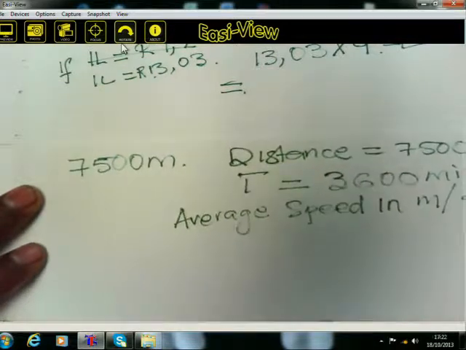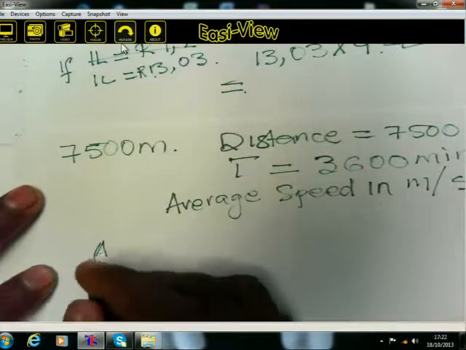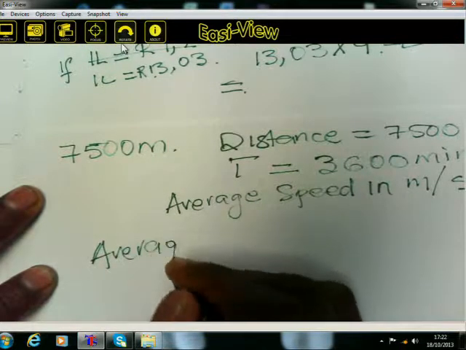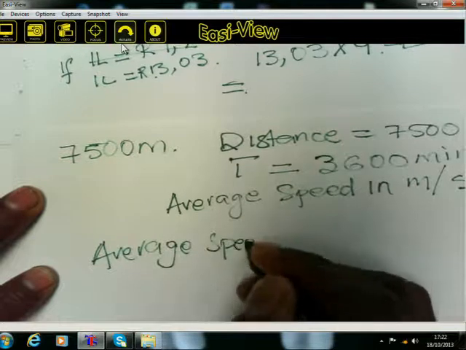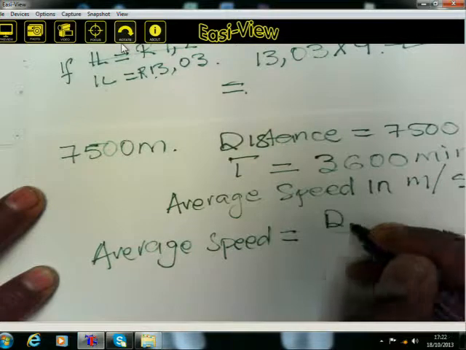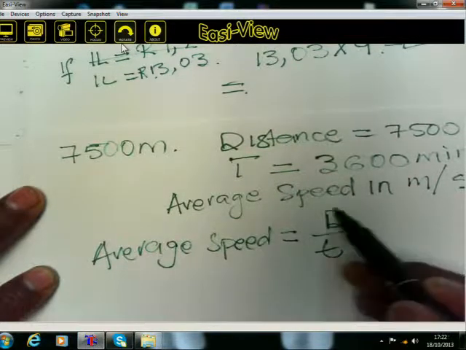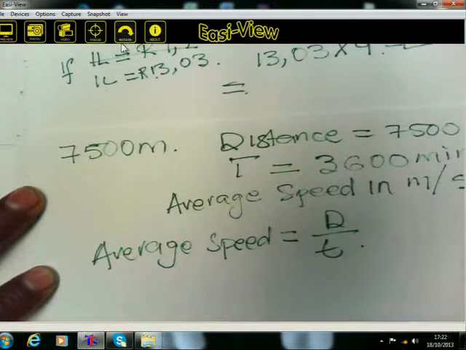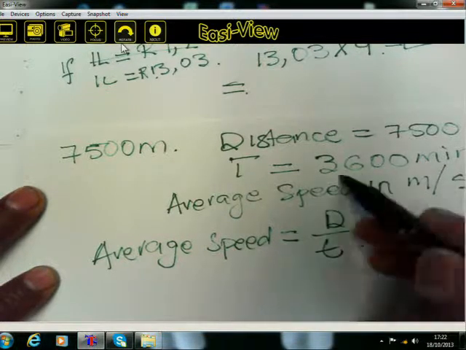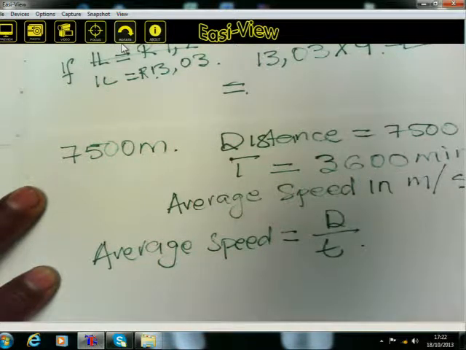Therefore, you are going to say average speed is equal to distance over time. Remember, our answer must be in meters per second, which means we must convert this 3,600 minutes to seconds.